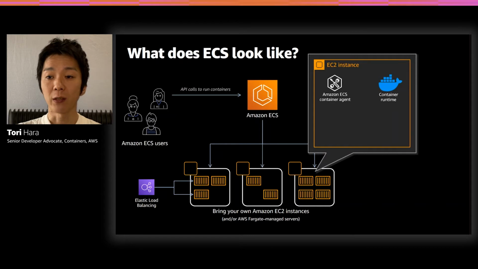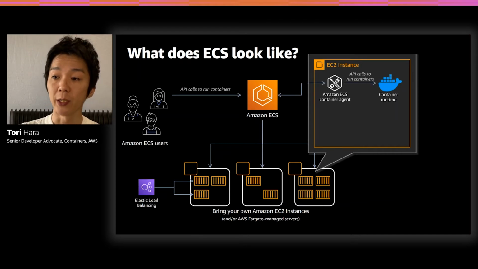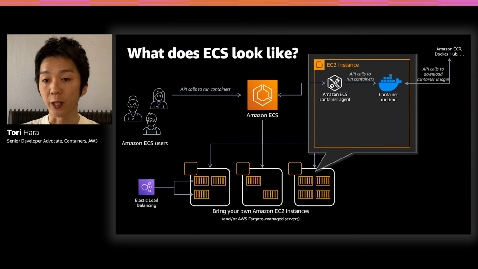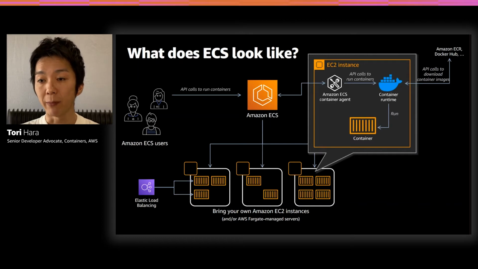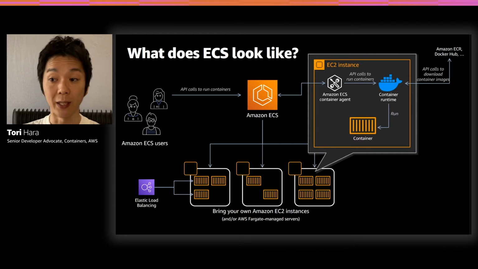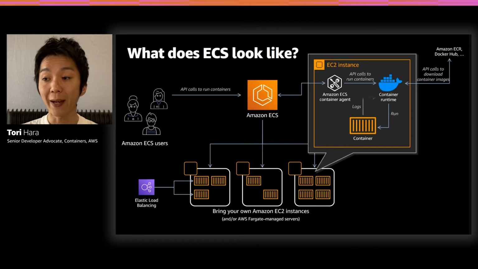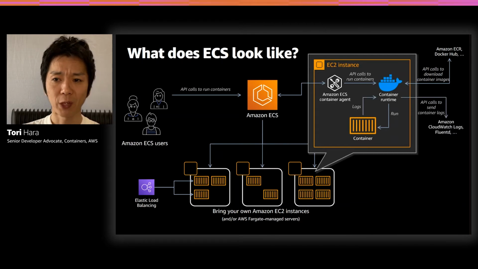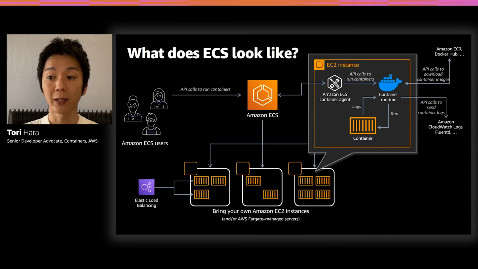The ECS agent then tells the container runtime that we want to run containers. Then the container runtime downloads the required container images from container image registries, such as Amazon ECR or Docker Hub. And then finally, it runs the containers. The container runtime is also responsible for other things in this diagram. For example, forwarding container logs to somewhere like CloudWatch or anywhere else that users have specified beforehand.